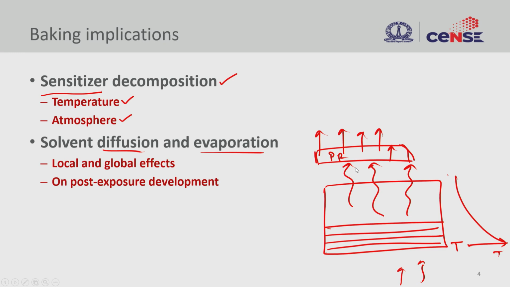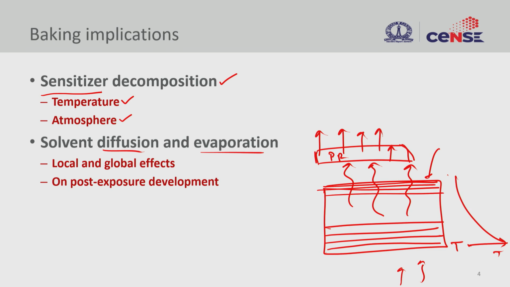But on the other hand, if you are heating from the top, for instance, if you are using lamp type heaters, IR type heaters, or oven type heaters, it can heat from the top. So what happens is you will start to solidify the material on the top.